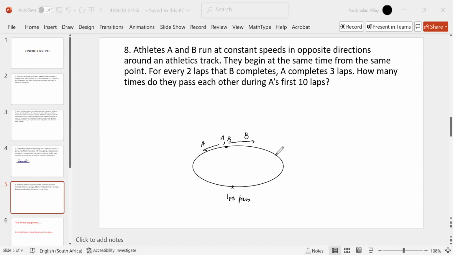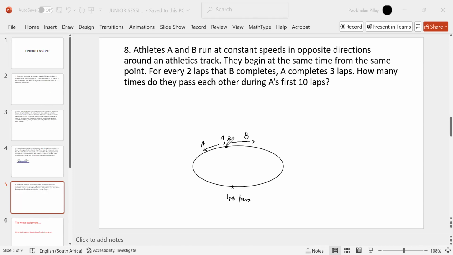Okay, so we want to take this entire distance here, your lap. We'll say it's one kilometer, whatever. So what is this piece versus that piece? A's piece will be larger when they first meet each other, since A is faster.